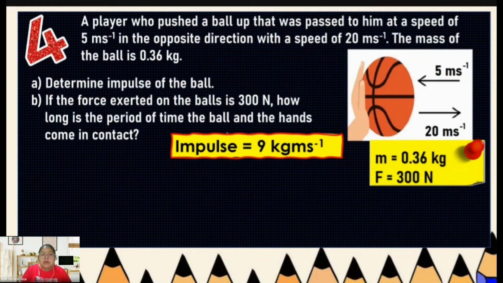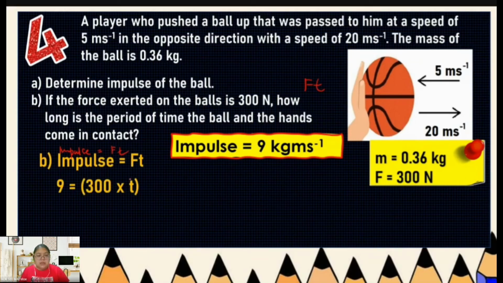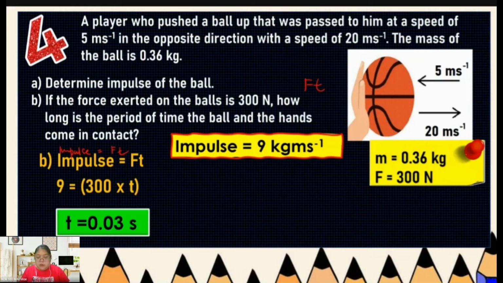How long? So we need to relate it to Ft, because they ask about the time taken. So impulse, I get it. I just write impulse equals Ft. Then 9 is the impulse, and F is 300. Then we find t is 0.03 second. Okay, just a simple question.